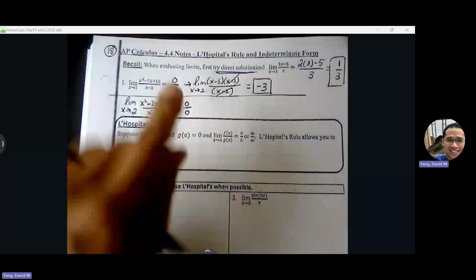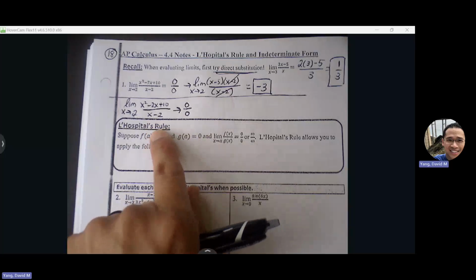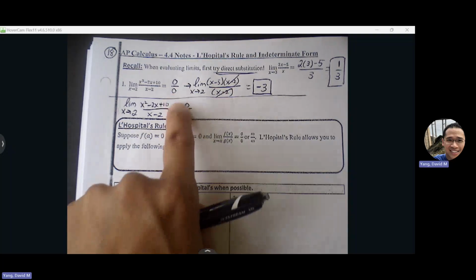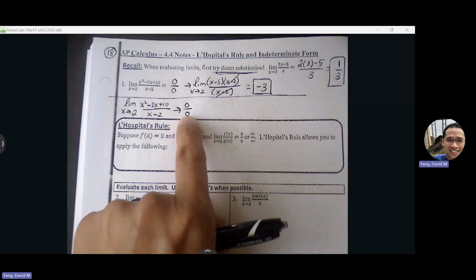So we get 0 over 0. Now, if you get 0 over 0, remember, after we learn this L'Hopital's rule, it's not going to replace the first step. Okay, first step is always the first step. Direct substitution, regardless of what method you want to use, is always the first thing to do because you want to gather information. Now, if you get a 0 over 0 or infinity over infinity, we call that indeterminate form. If you get that, you have the freedom to go through what we call L'Hopital's rule.